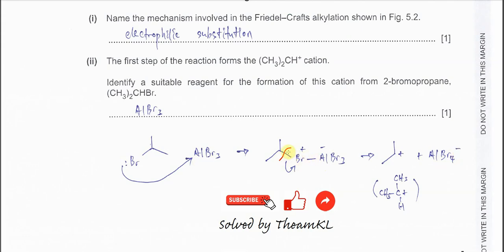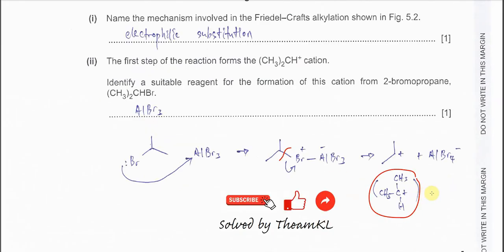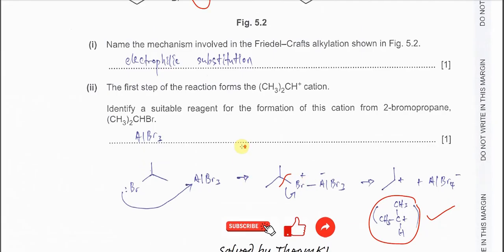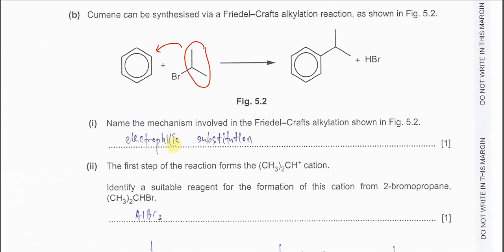After this bond breaks, it will form this carbocation, which looks like this. Then the carbocation is used for the alkylation. That's why this is the electrophile used for the reaction. We say that it's an electrophilic substitution because this electrophile is the one that substitutes the hydrogen in the benzene ring.